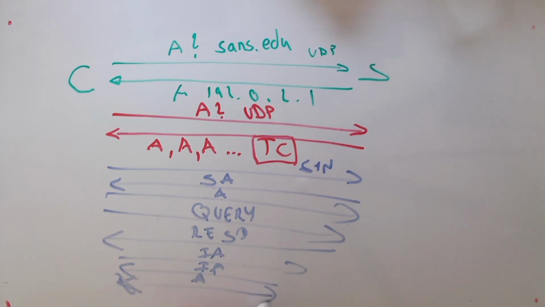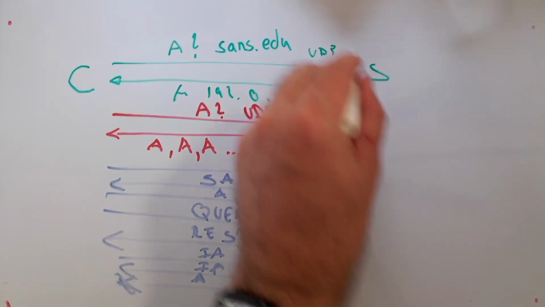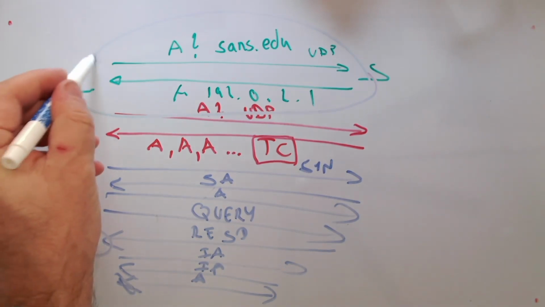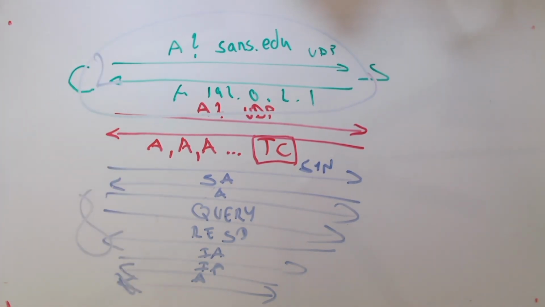Actually, other way around here. So what was 2 packets with UDP all of a sudden became 1, 2, 3, 4, 5, 6, 7, 8 packets. So we have now 8 packets instead of 2. Highly inefficient. And so we really want to avoid that TCP part if we can help it.